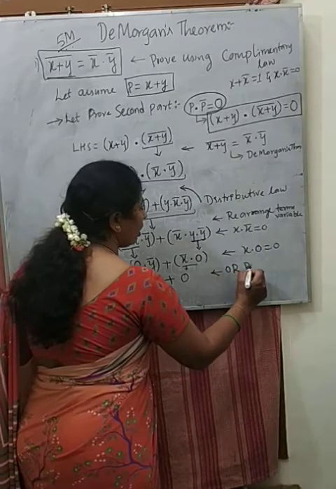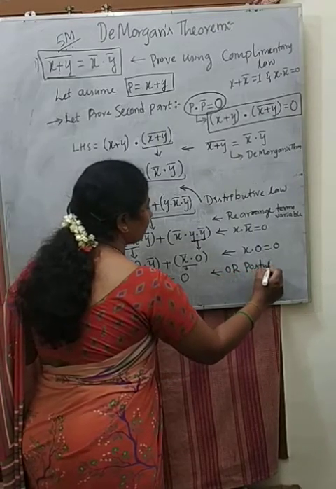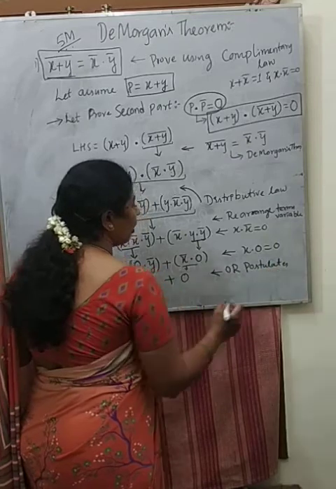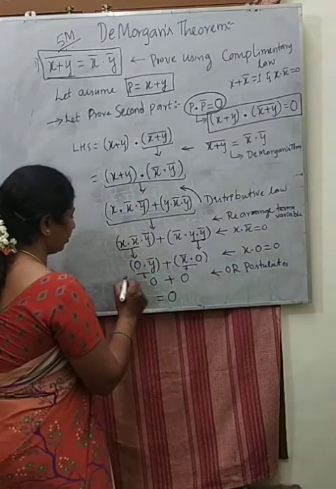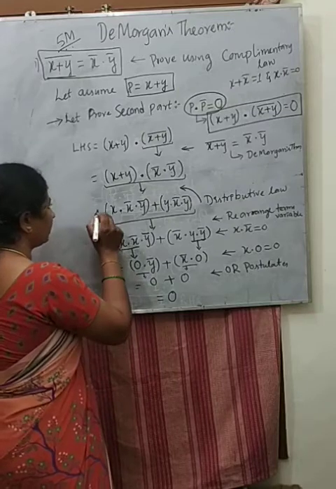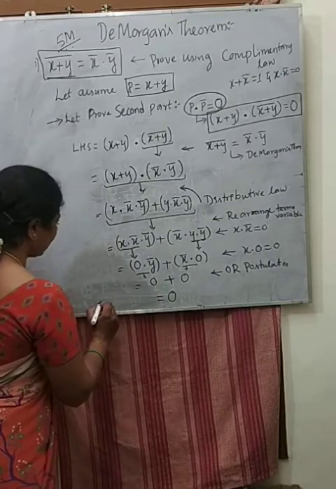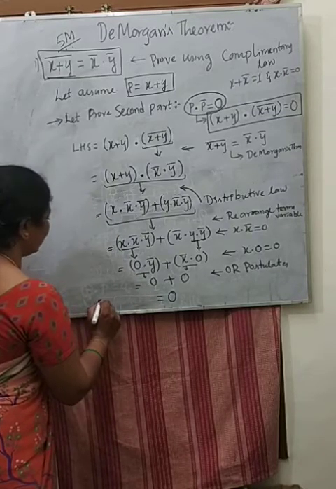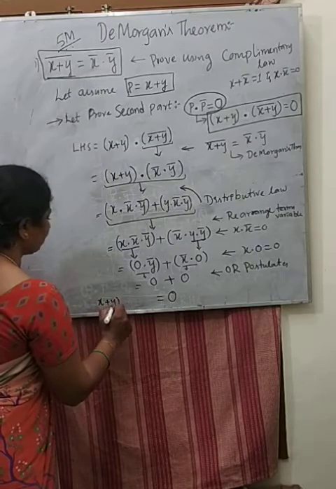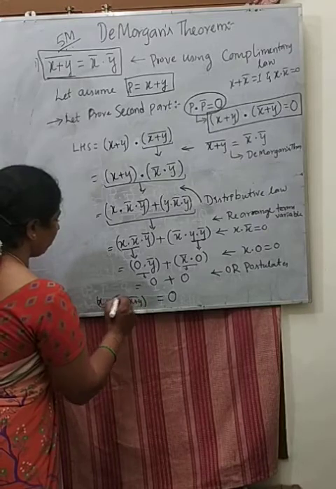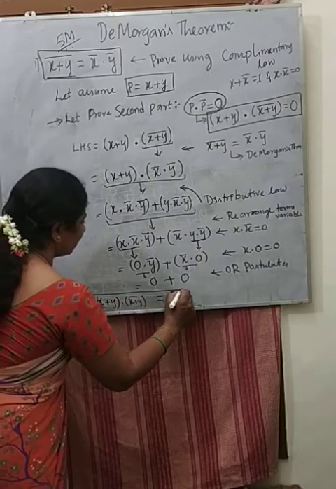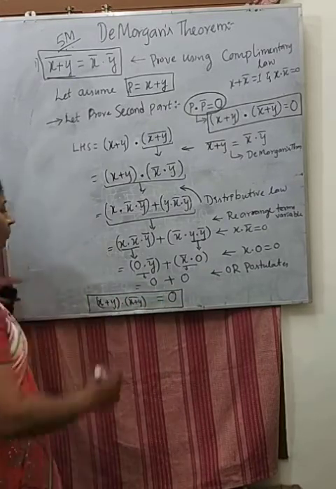According to your OR postulates, you will get this one as 0. Did you get your LHS equal to RHS? X plus y into x plus y whole complement can be written as 0.